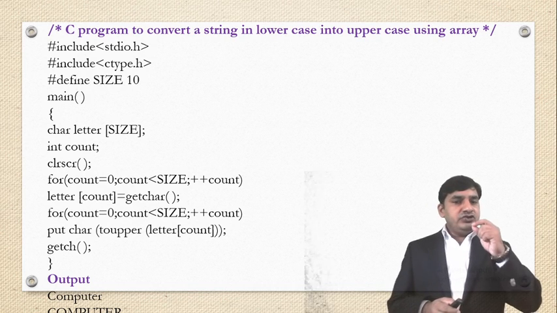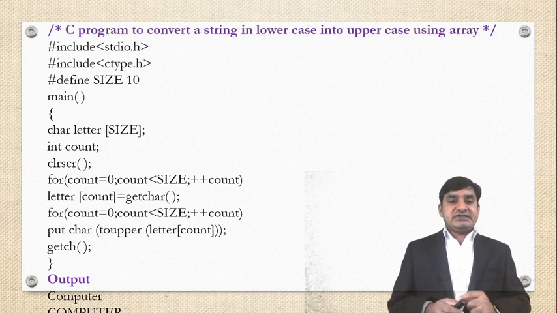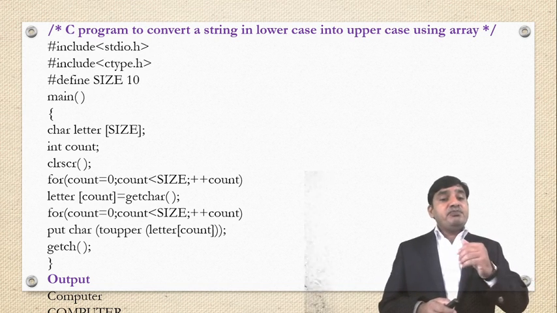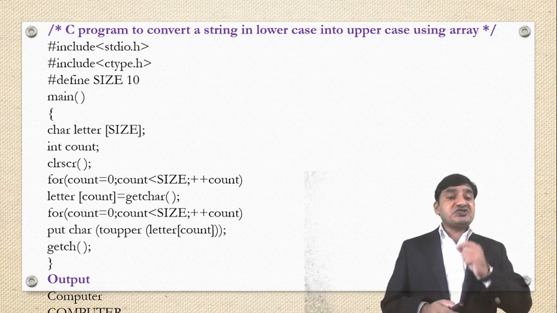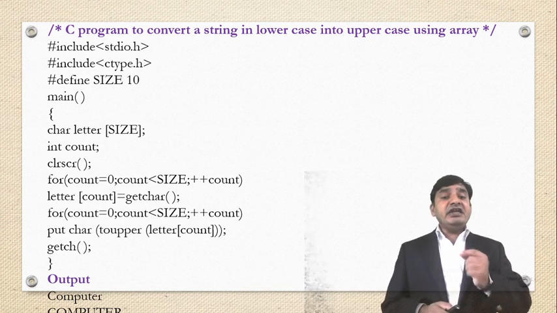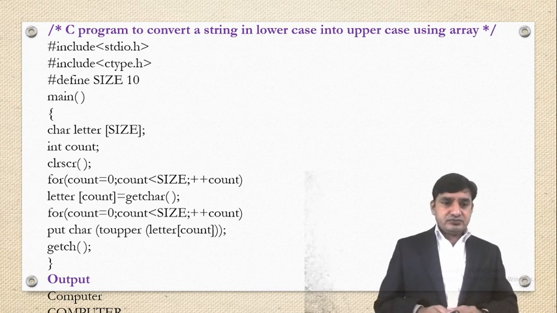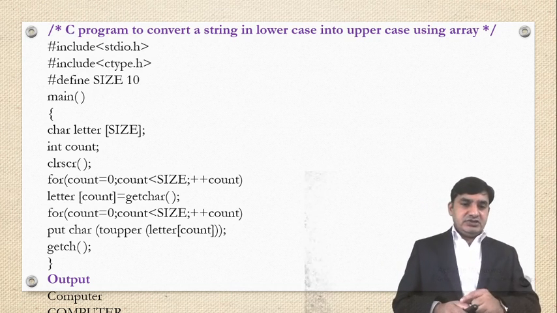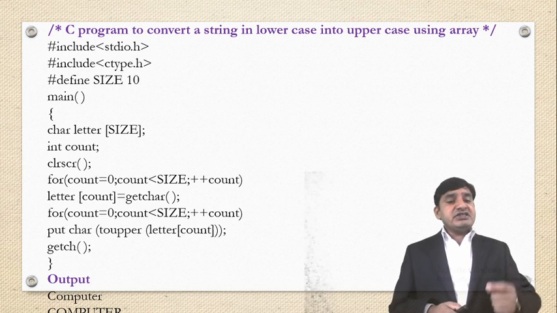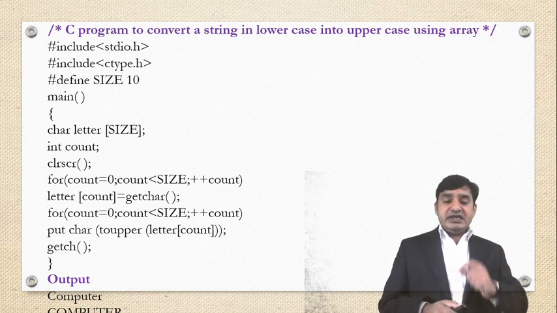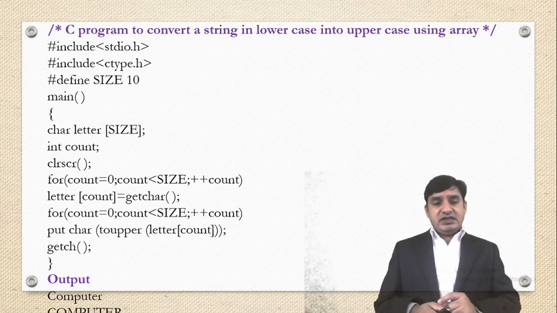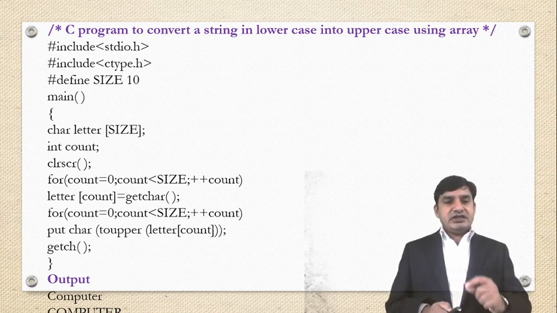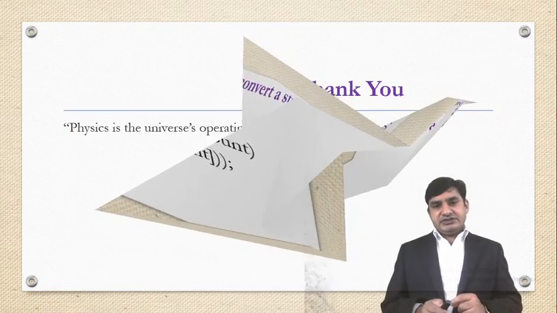But we use an array size of 10, so that putchar displays the string of 10 characters, up to the 10th character, so that the word "computer", which is entered in lowercase, is displayed as COMPUTER, which consists of letters in uppercase.